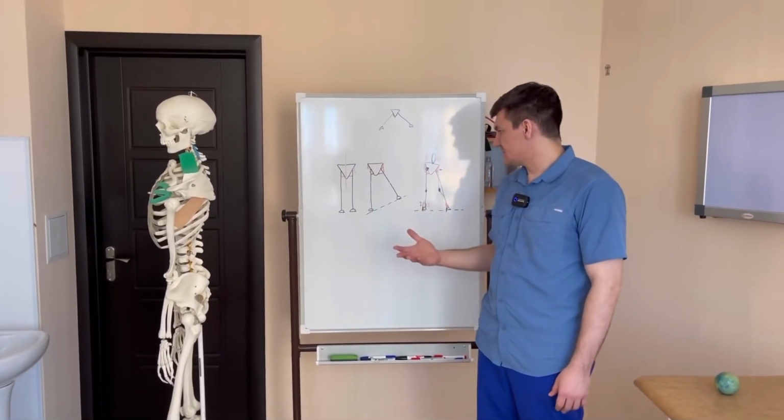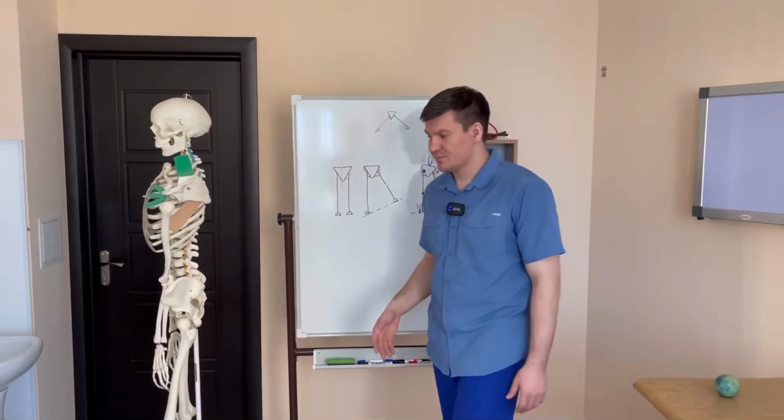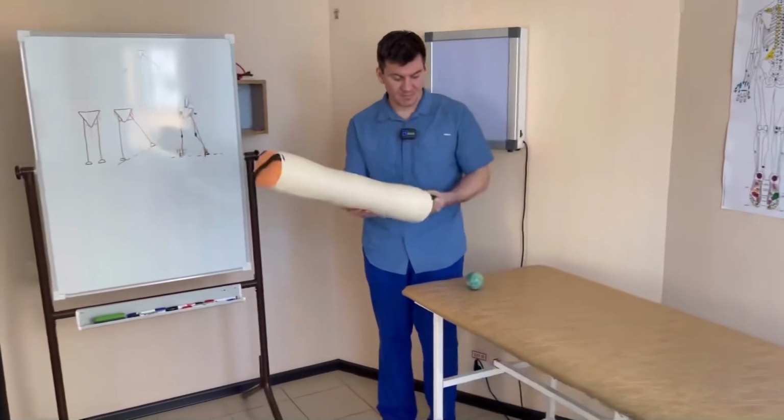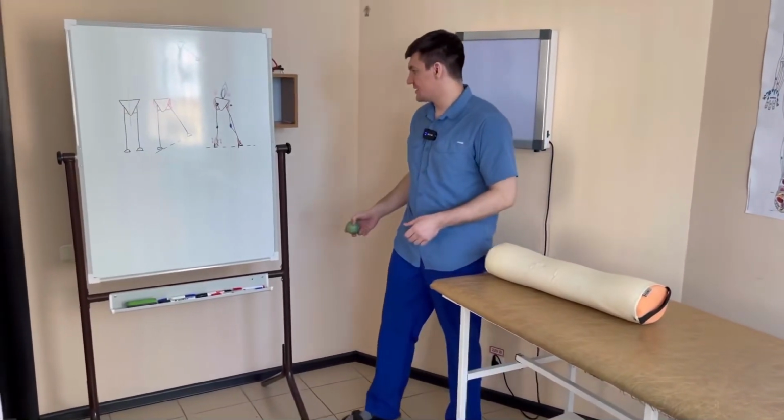One of the ways to stretch this muscle is to take a pillow or a roller of some kind. For example, you've determined that your right muscle is short.